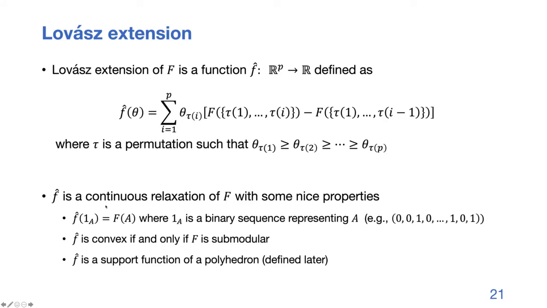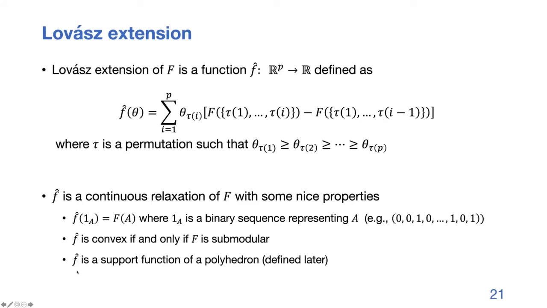So this means that f hat is a continuous relaxation of f. Another important property is that the Lovász extension is convex if and only if the original function is submodular.